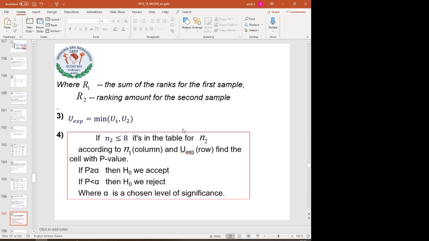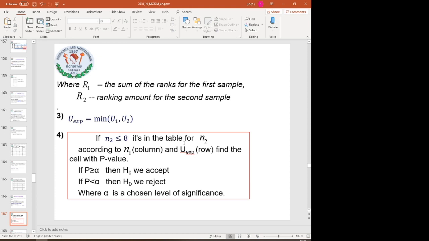In this case we have two types of table for the criterion. If the biggest sample size n2 is less or equal than 8, then we will have the special case of criterion tables. This special case is given for each n2 starting from 3, 4, 5, 6, 7 and 8.